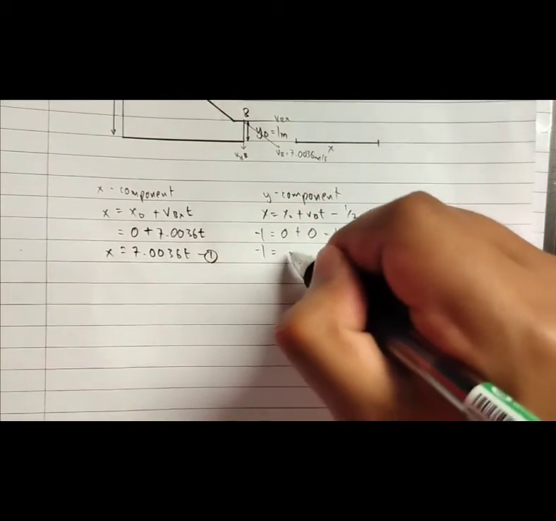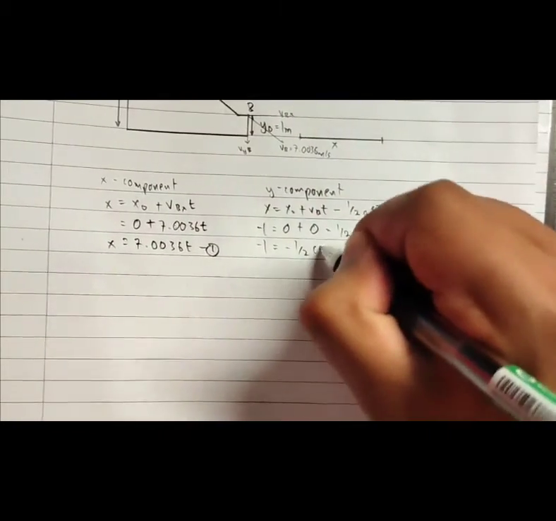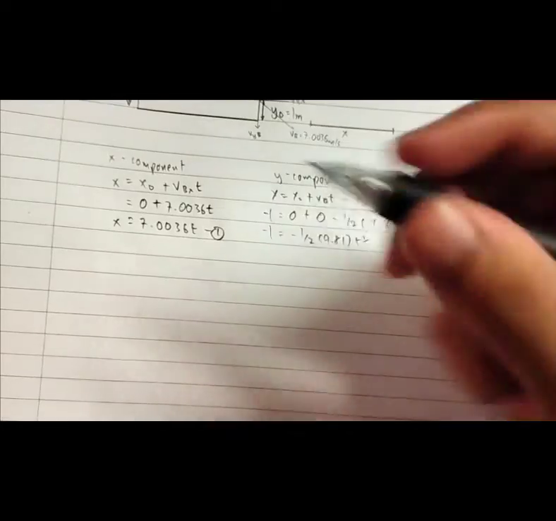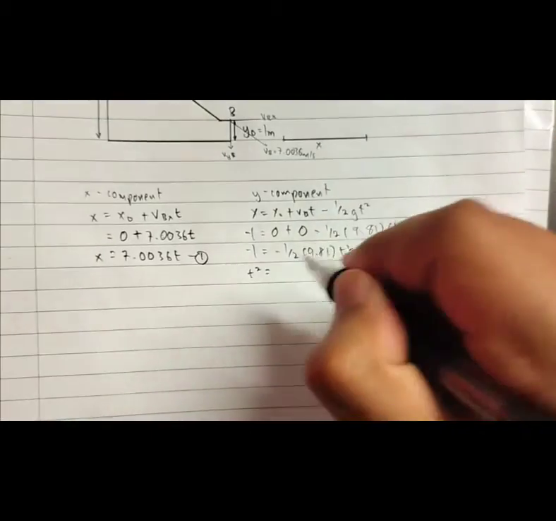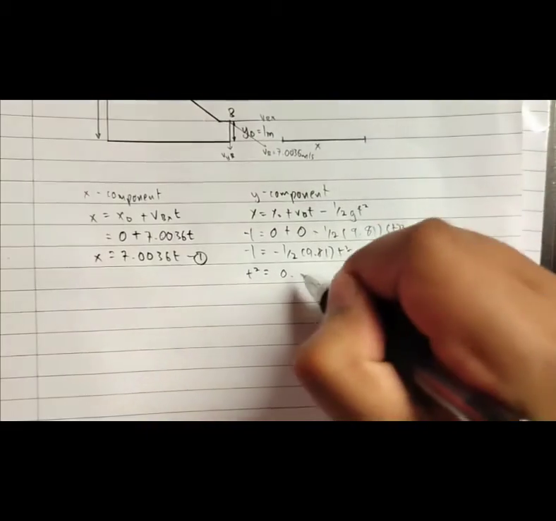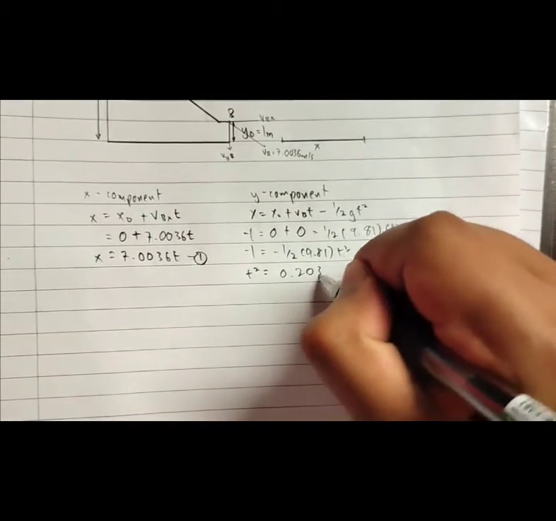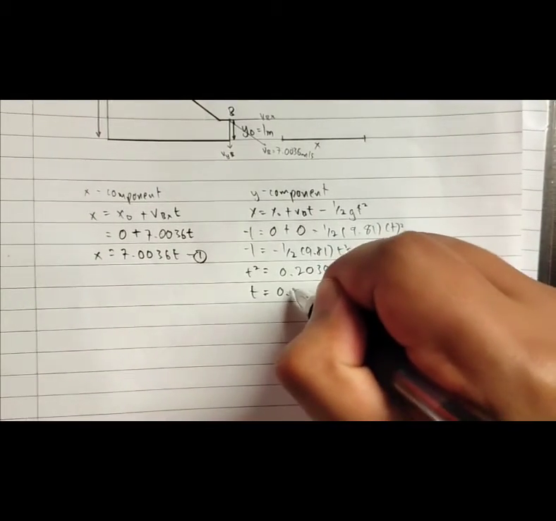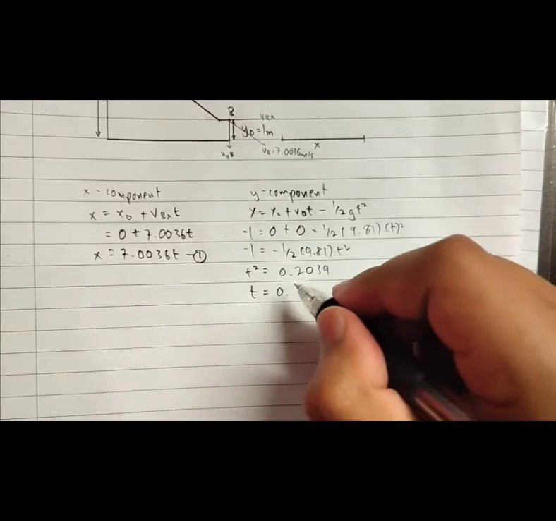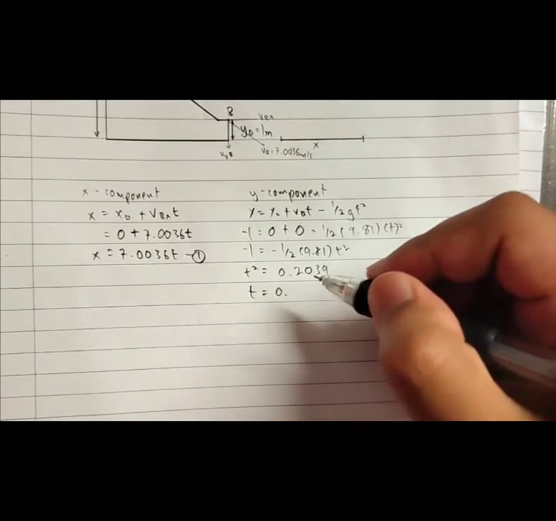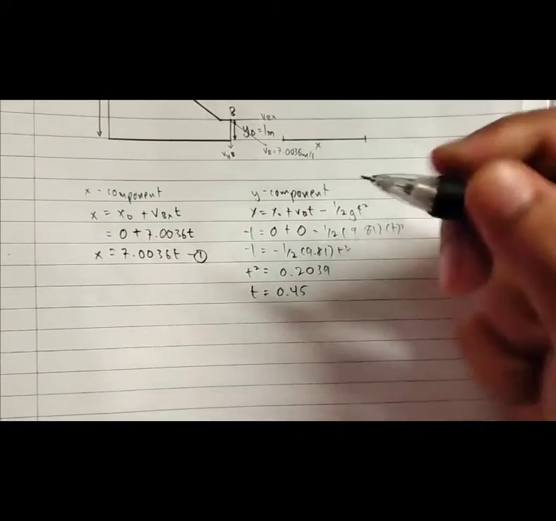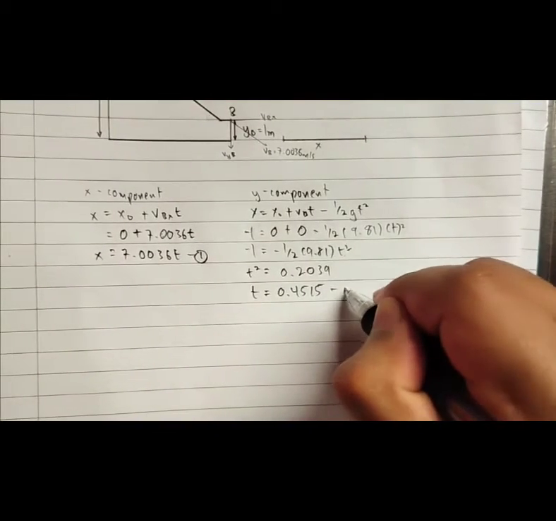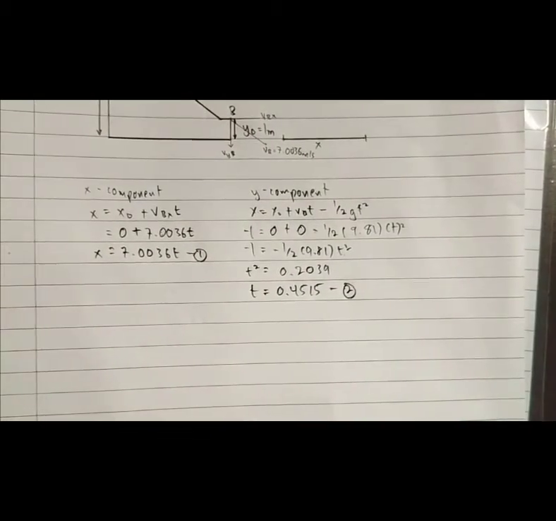Then we get t squared equal to 0.2039, and t is the square root of 0.2039, which gives 0.4515. We assume this as equation 2.